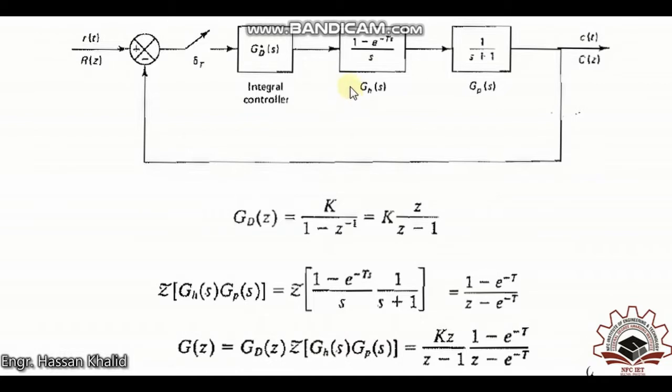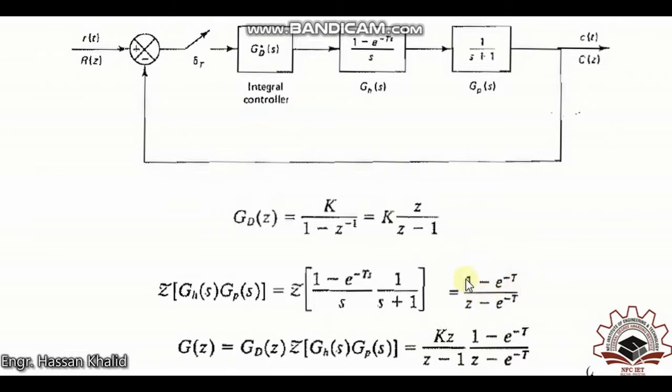Similarly, you can take the z transform of this cascaded form with the G of z, that's equal to the combination of overall integral control as well as the system that is being controlled by this controller, and we have directly taken the z transform of the overall system.